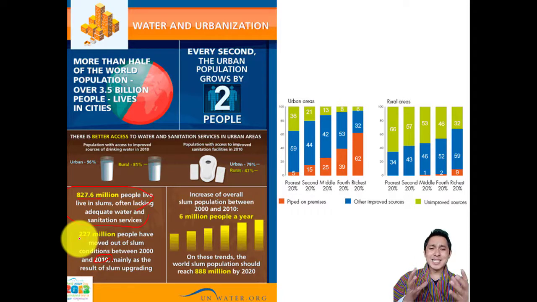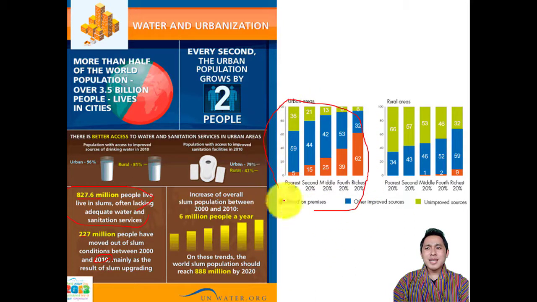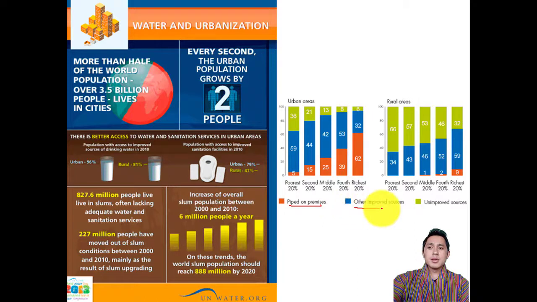That is adding a huge number of people to the urban population, giving the urban population high water use. If you look at this graph quickly, the orange is for piped, the blue is for improved sources, and the green is for unimproved sources. In urban areas, even in the poorest nations, around 5% is piped and 59% improved, but around 36% unimproved sources.